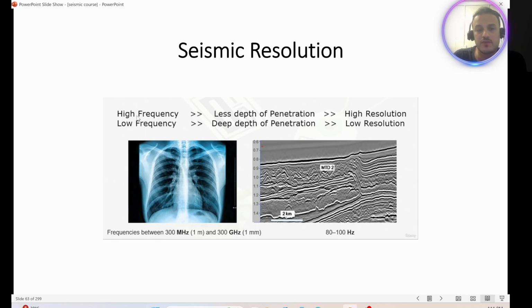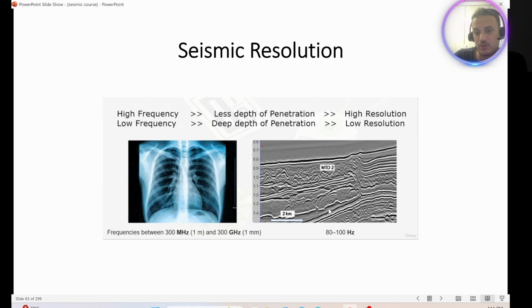So if we have high frequency, that means we have less depth of penetration, because the high frequency will be absorbed by the rock particles. But if we have low frequency, we have very deep depth of penetration, because it goes deeper. Okay, and we use the high frequency for high resolution.